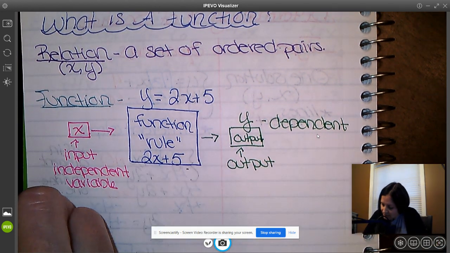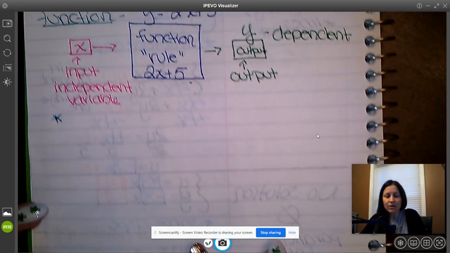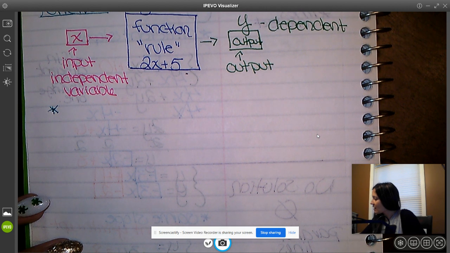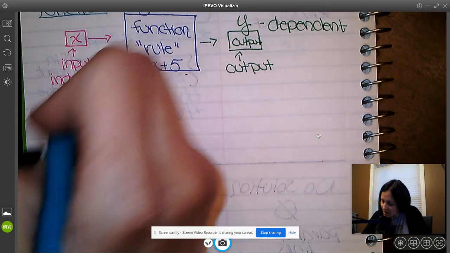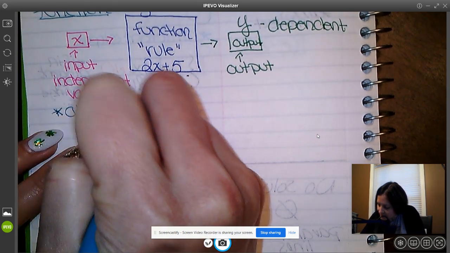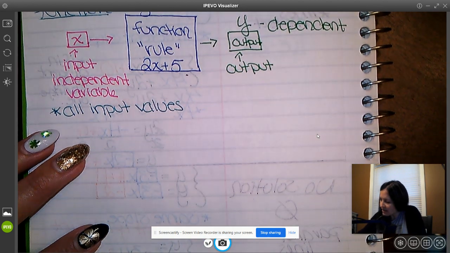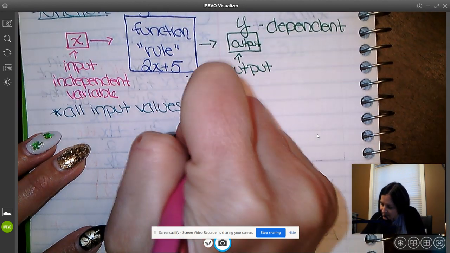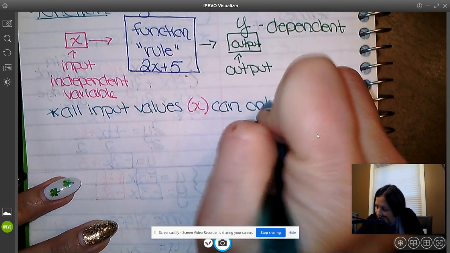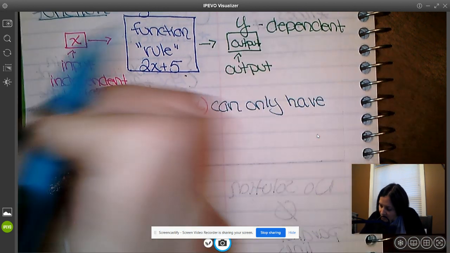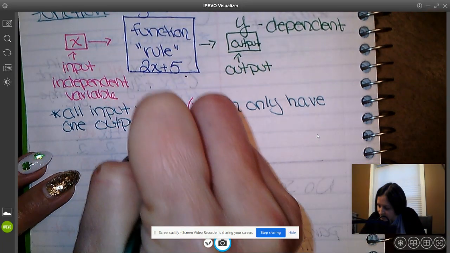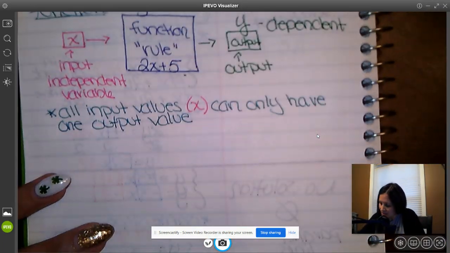So one of the big rules for a function is that all input values, or the x values in this case, can only have one output value, which is the y.